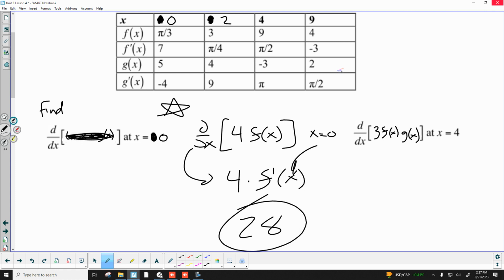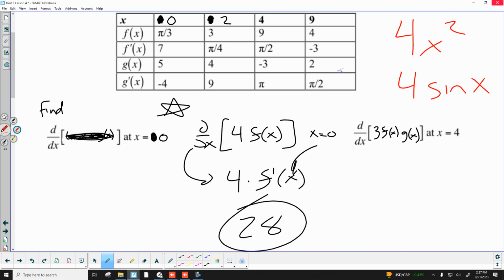Stop it, stop it, stop it. Would you take the derivative of 4 next to x squared and tell me that it's 0? Would you take the derivative of 4 next to sine x and tell me that it's 0?